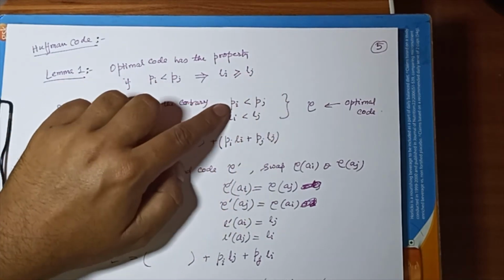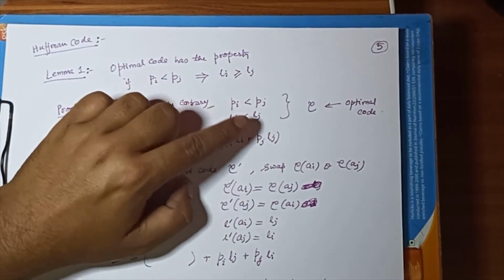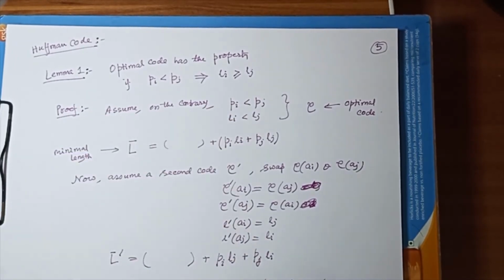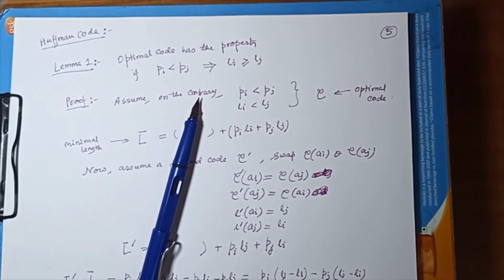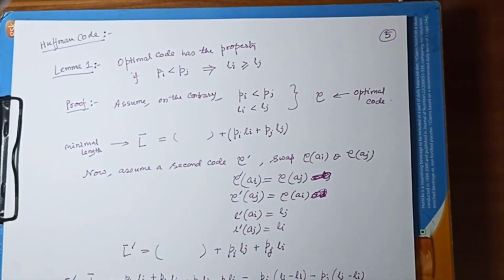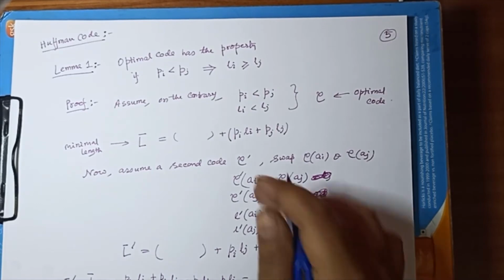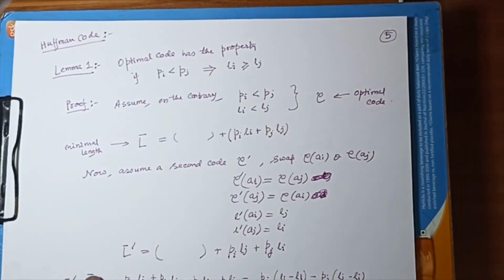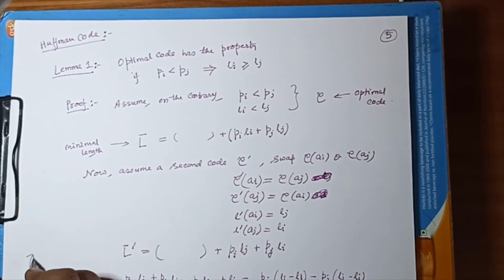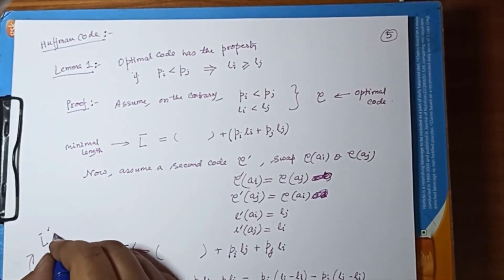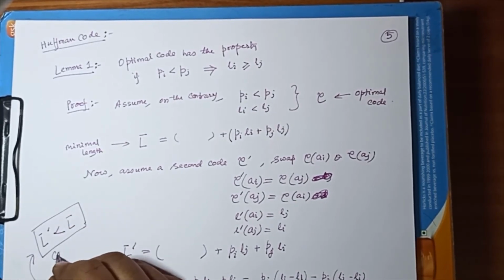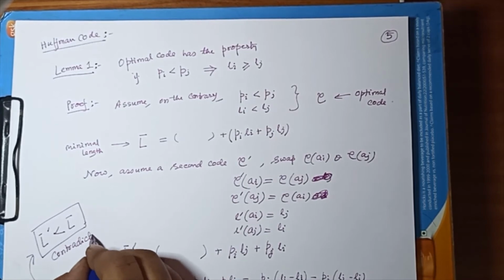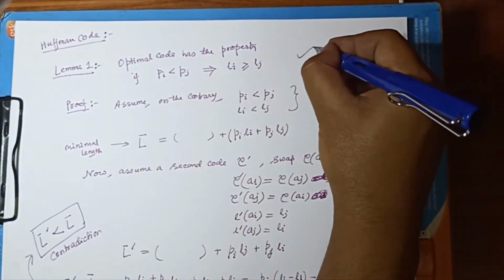You assumed this, so pi minus pj is negative and lj minus li is positive, so one negative into one positive, so this is negative, less than 0. It is strictly less than 0, because both of them are strict inequalities. So you establish that the new one is less than the old one. So contradiction. So this cannot be true. So this is correct, obviously.